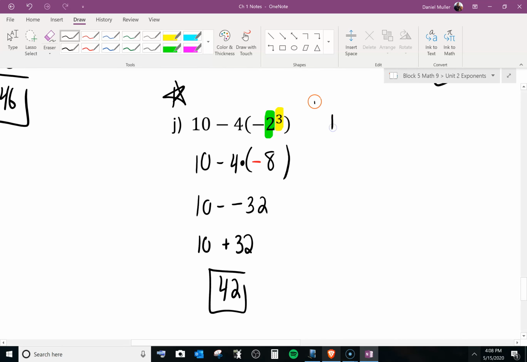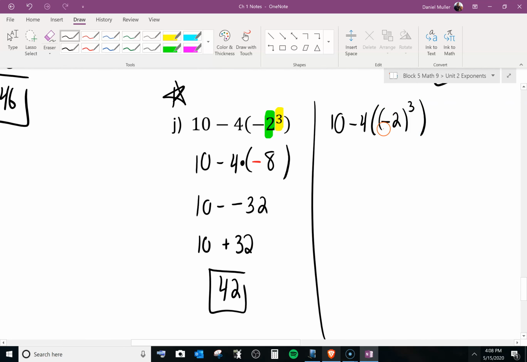I'd like to just compare that. I'm not going to do this one, but if I had 10 minus 4 bracket negative, and then maybe I put this like this, negative 2 cubed. So say I have another bracket here around, see I got a 3 here and a 3 here, and my base is only a 2, and here my base is the negative 2. So if I wanted that negative to be included, I would have put brackets around that.